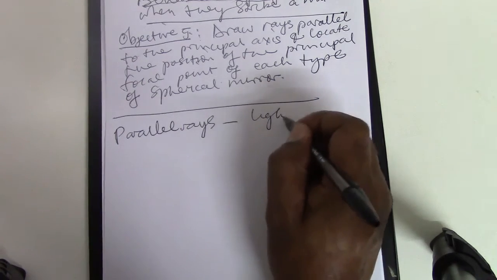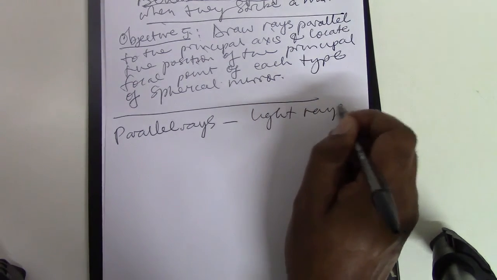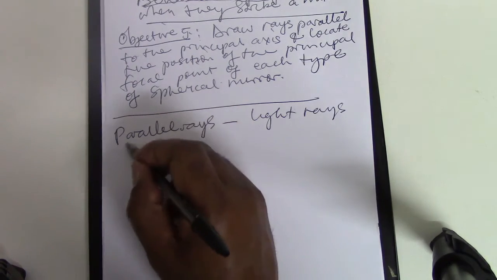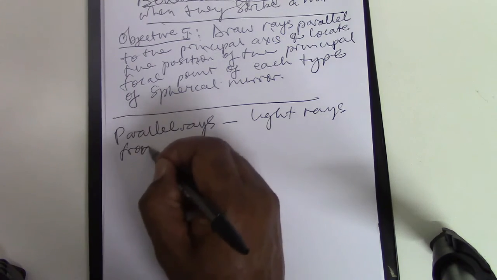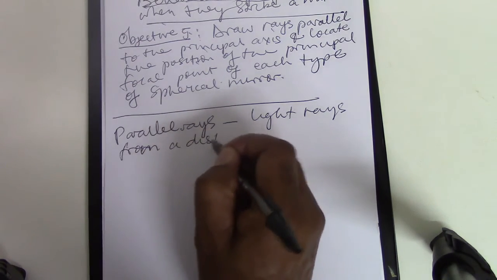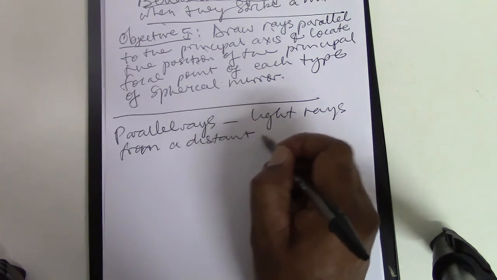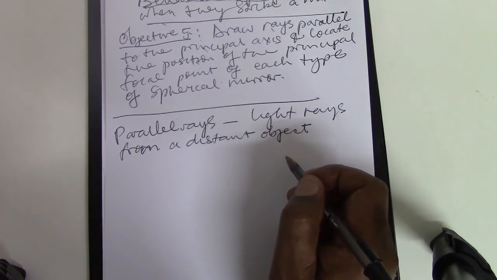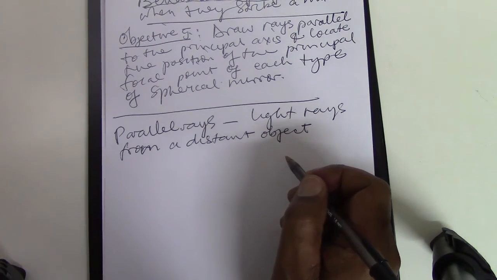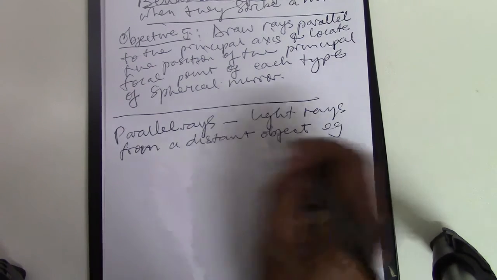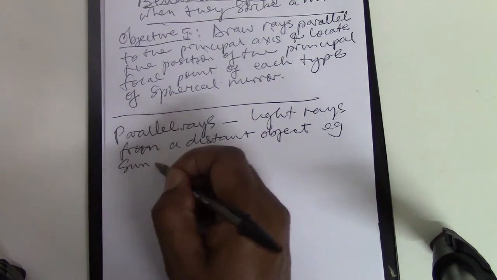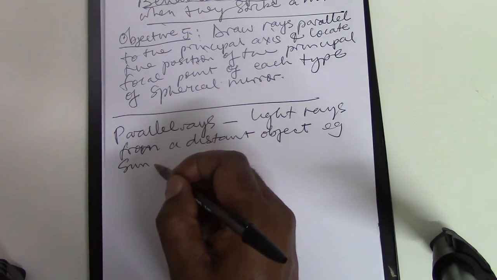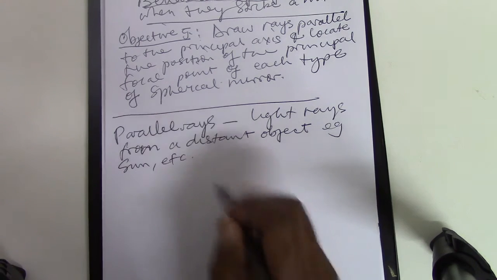These are light rays from a distant object. From a distant object, e.g., we can talk of the sun, etc.